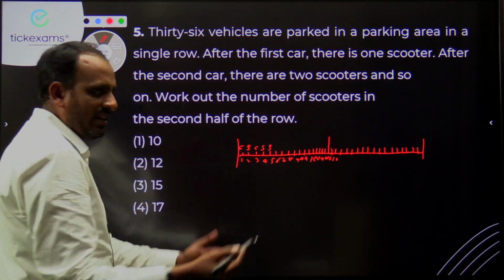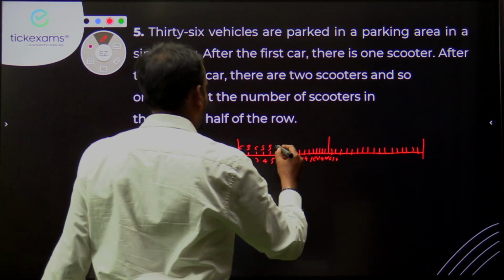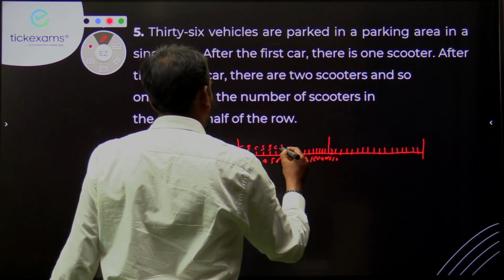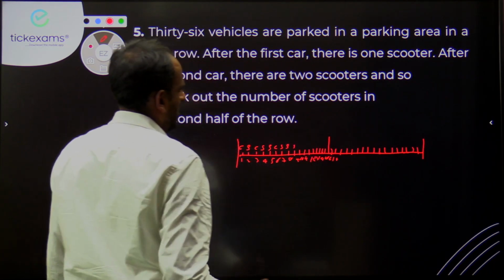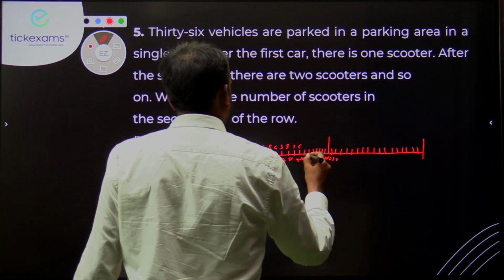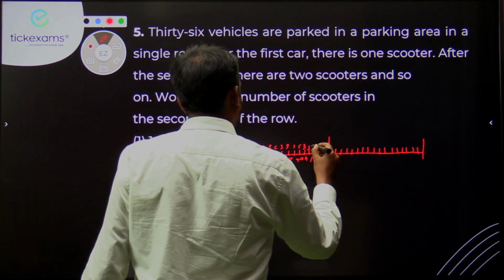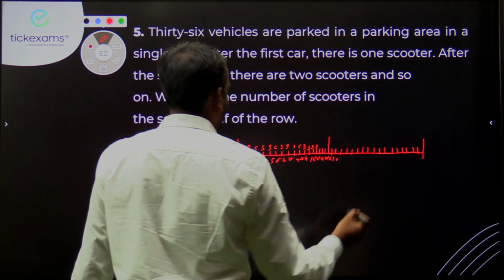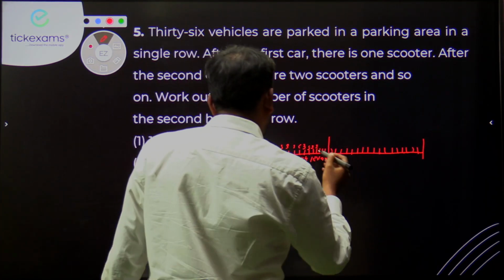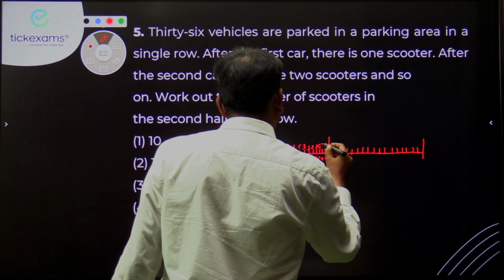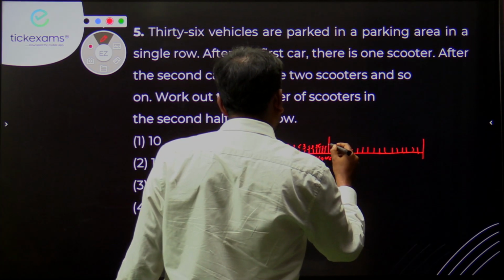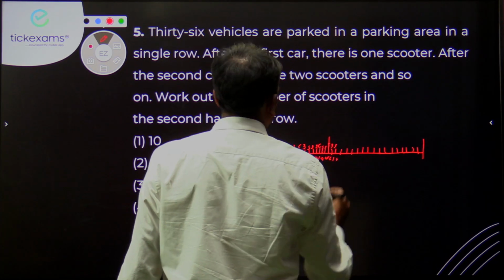It means after the third car, there will be three scooters, 1, 2, 3. After the fourth car, there will be four scooters, 1, 2, 3, 4. After the fifth car, 1, 2, 3, 4, 5.